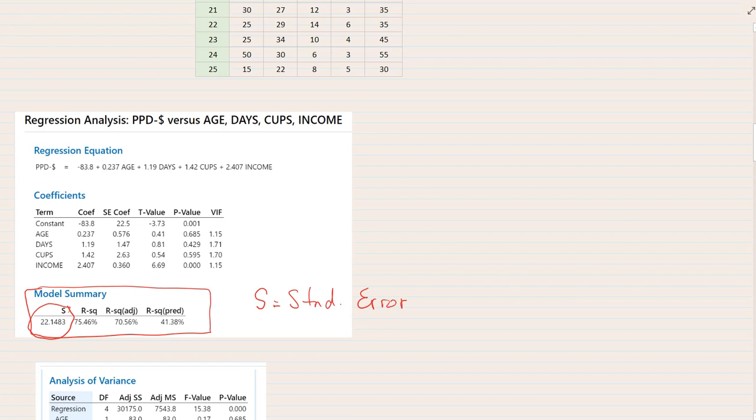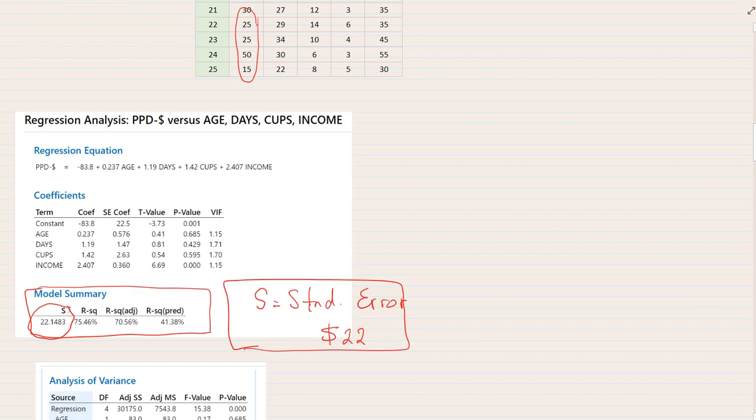Now what does the standard error tell us? This is like the give or take of your predictions at every level. So that's $22. That means any prediction we make, and we will make a prediction in a few minutes, at any level, we could be off by as much as $22, which is rather high, observing that these purchases are mostly in the range of $5 to $50.